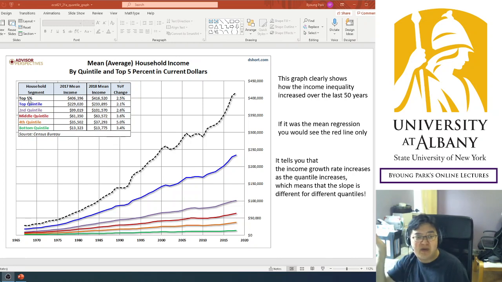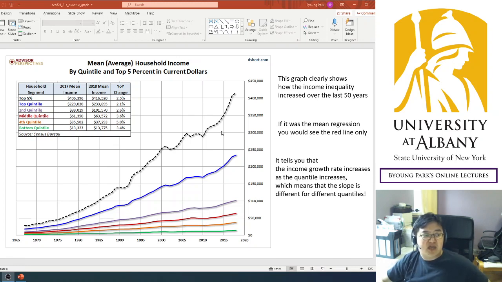So if you divide households into 5 groups by 20% each, then the dotted line is top 5 percentile, the blue solid line is top 20 percentile, and this light purple line is top 40%, top 60, 80, and bottom 20%. And as you can see, there is a huge difference across quantiles.